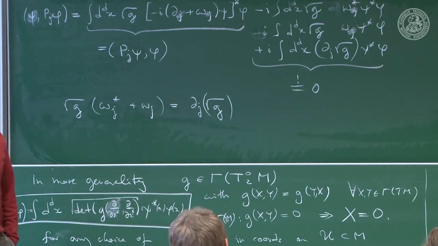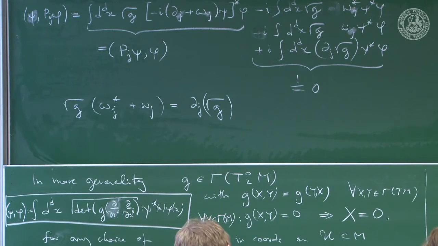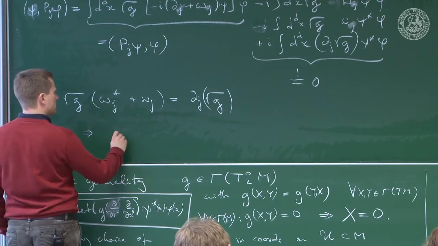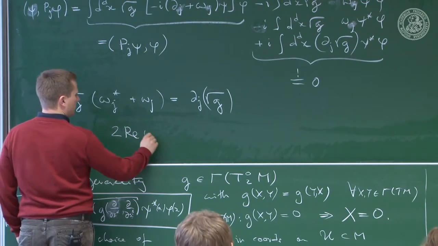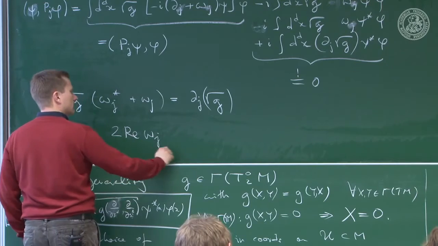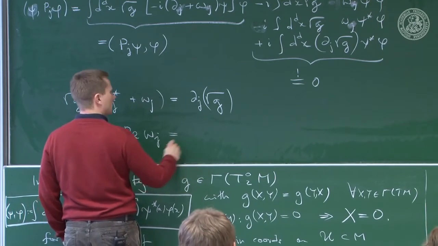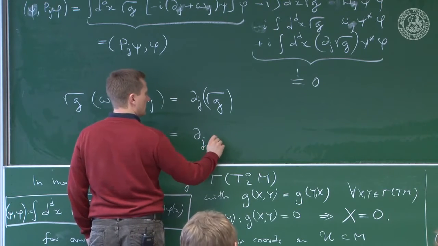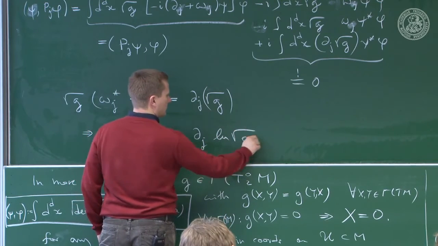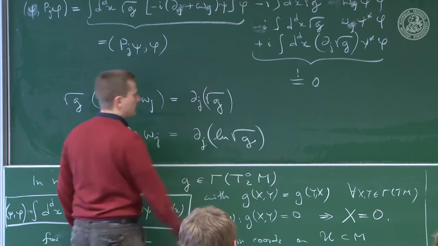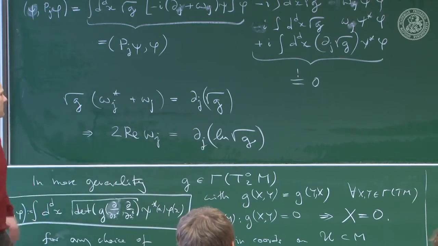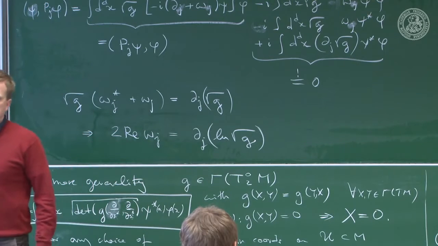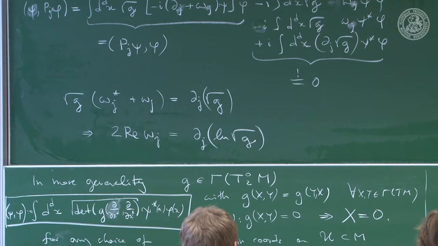Right? In other words, 2 times the real part of omega j must be del j of the logarithm of the square root of the determinant of g, because I multiply this through down here, and then it's the derivative of the logarithm.